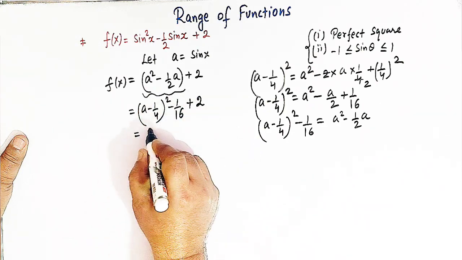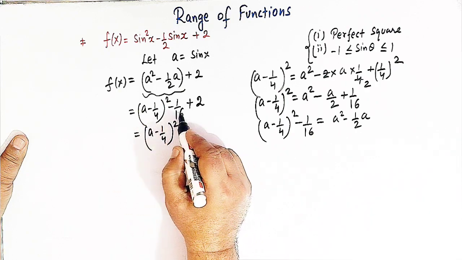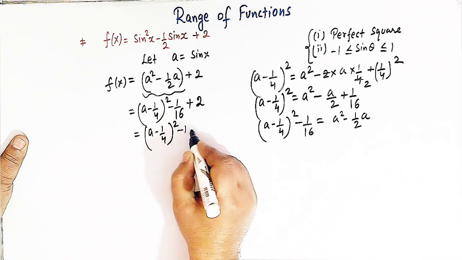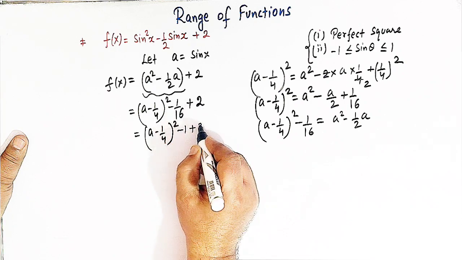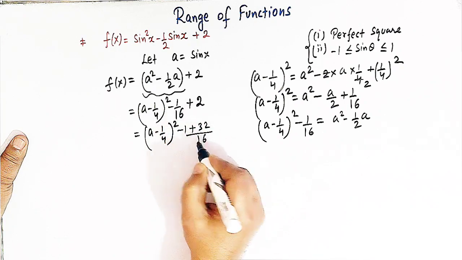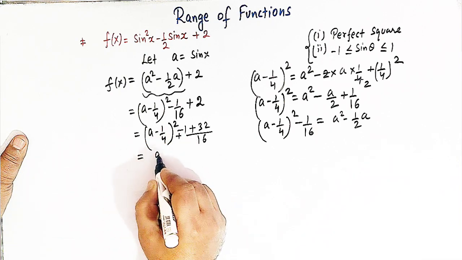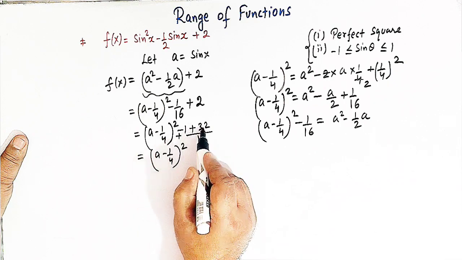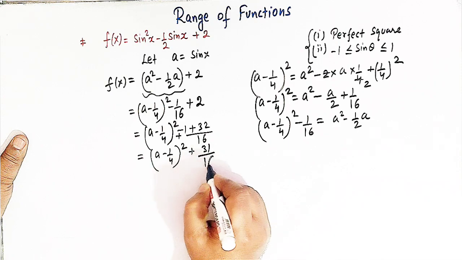Simplifying these two terms, we have minus 1 plus 16 times 2 is 32, over 16. So we have a minus 1 over 4 square, and 32 minus 1 is 31 over 16.